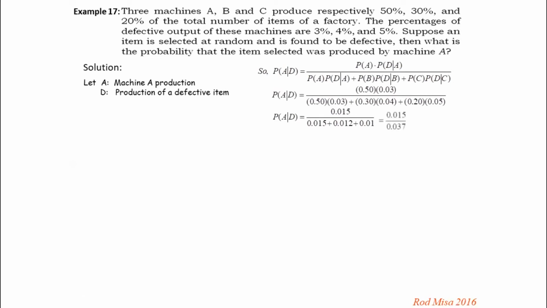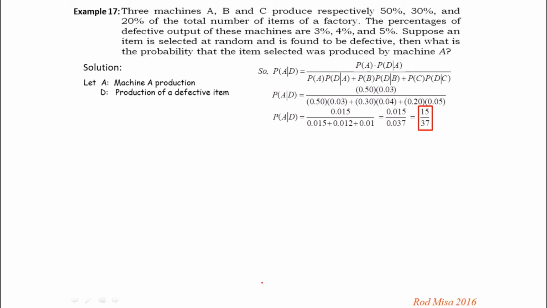So adding the denominator, we have the sum of 0.037. Simplifying this fraction, this is equal to 15 over 37. So therefore we say that there is a probability of 15 over 37 that the item selected at random was produced by machine A, given that it was found to be defective. So this is now the application of the Bayes theorem, the Thomas Bayes rule.